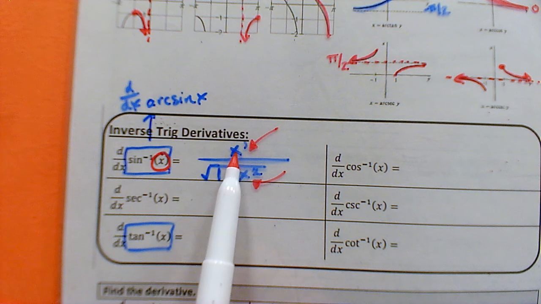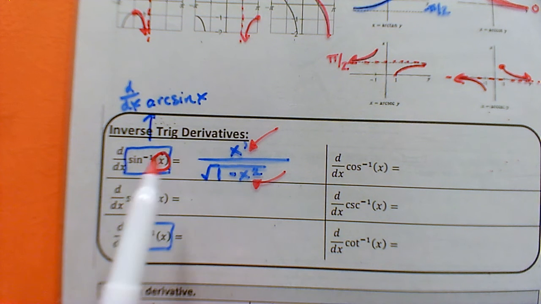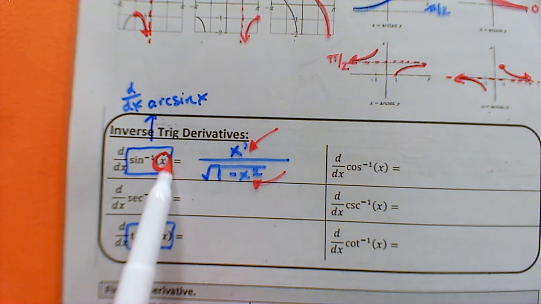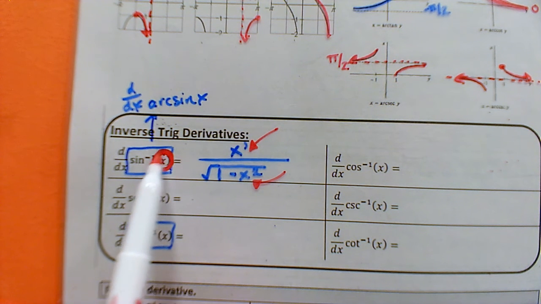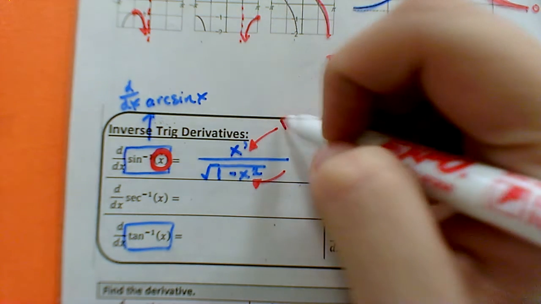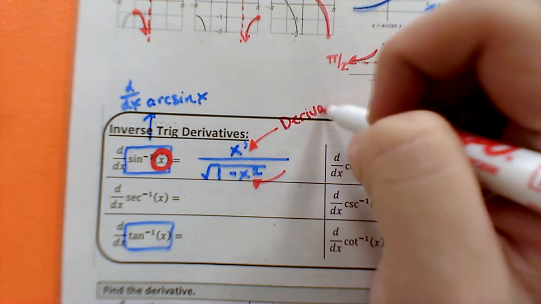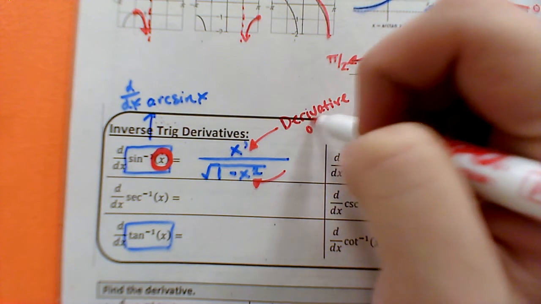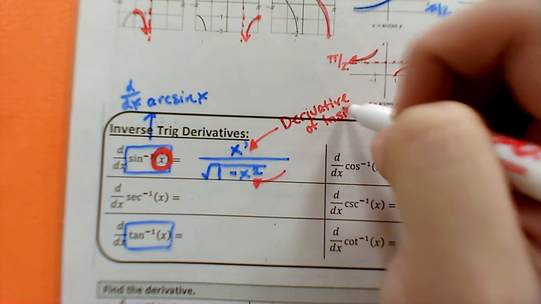So what this x prime is telling us is whatever is on the inside of this trig function, because if you take a look at some of the examples at the bottom, do you see how the 3x is on the inside, the 2x squared is on the inside? Whatever's on the inside of that inverse trig function, that's what you need to take the derivative of. That's what the x prime is signifying. So we'll label this derivative of inside.